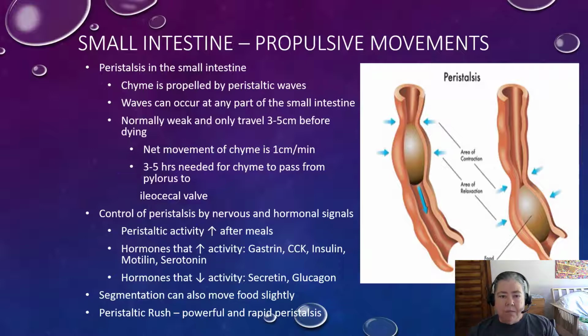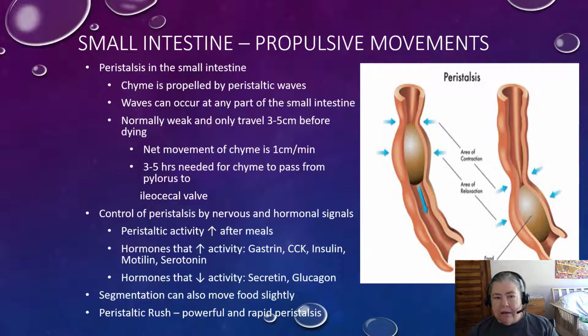The control of peristalsis, as many of the other functions of the GI tract, has to do with signals from the enteric nervous system, from the autonomic nervous system, and from hormones and from paracrines.